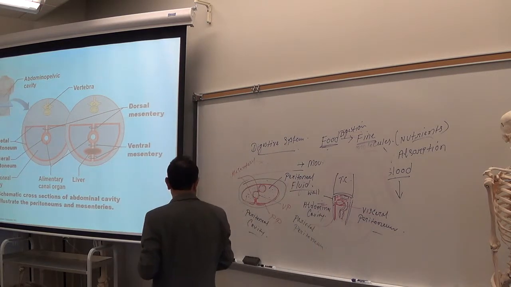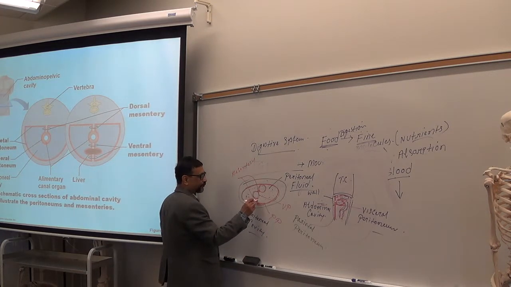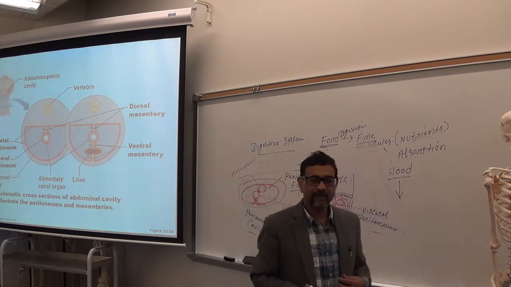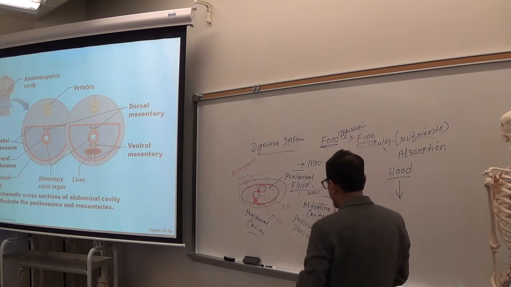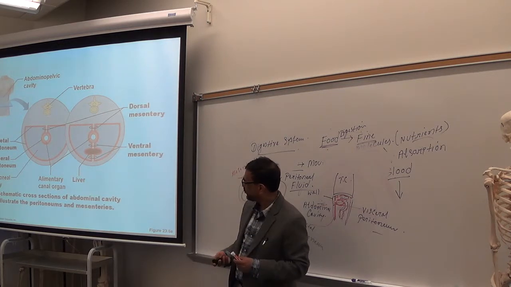Number three, a lot of fat accumulates around the mesentery, so it stores fat or adipose tissue. Those are important functions of mesentery.